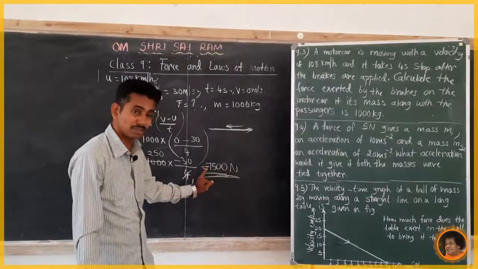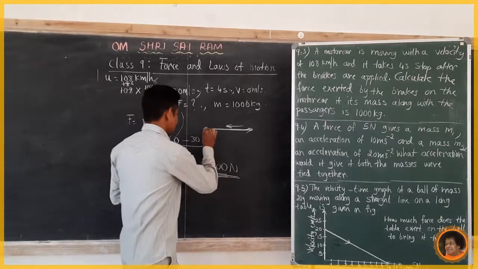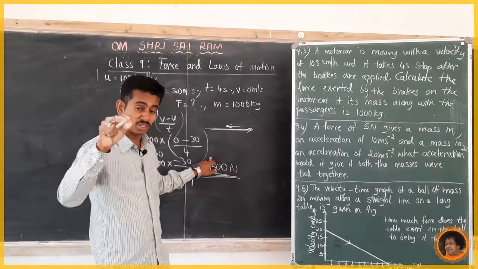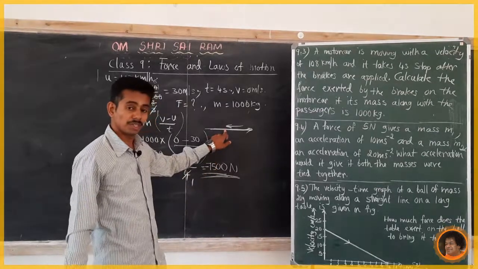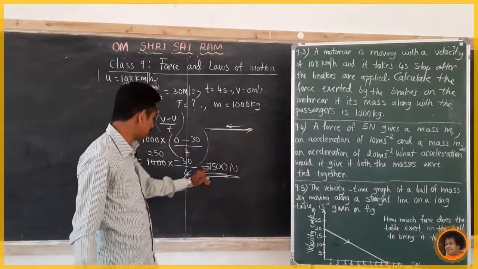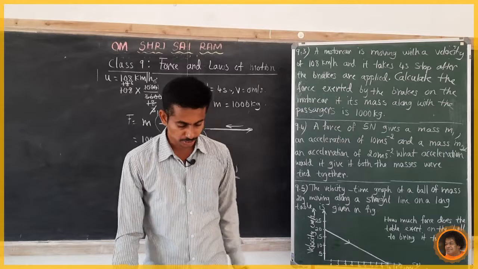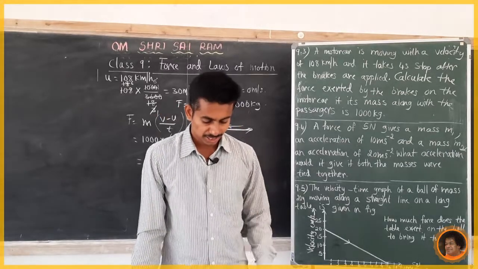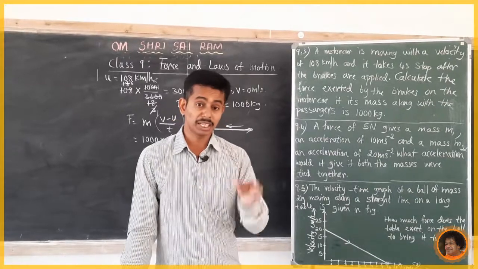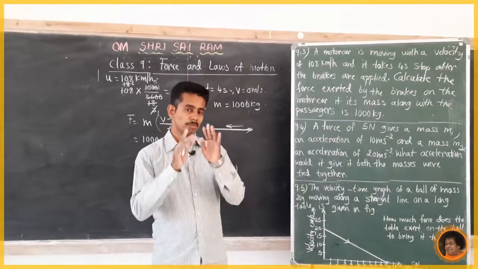So the minus indicates the force exerted is opposite to the motion of the car. This is the answer: minus 7,500 Newton. The negative sign tells us that the force exerted by the brake is opposite to the direction of motion of the motor car.